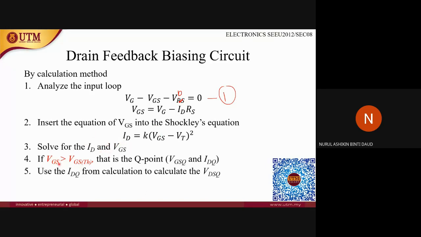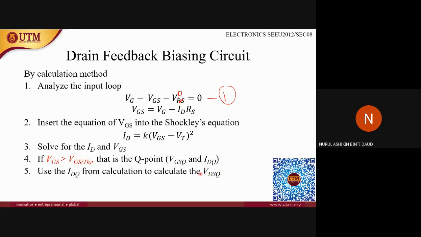If VGS is larger than VGS threshold, that is the Q point for the circuit. So that value of VGS is going to be VGSQ, with IDQ. Use the IDQ from the calculation to calculate the VDSQ.